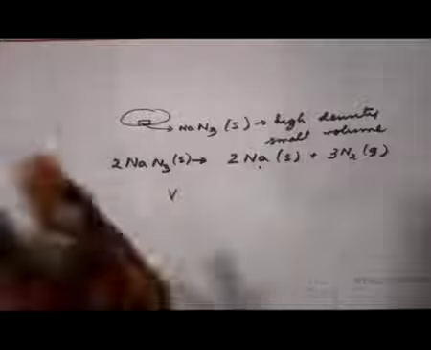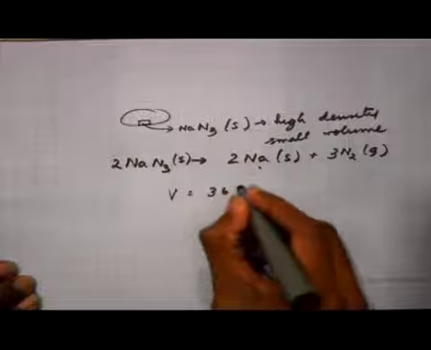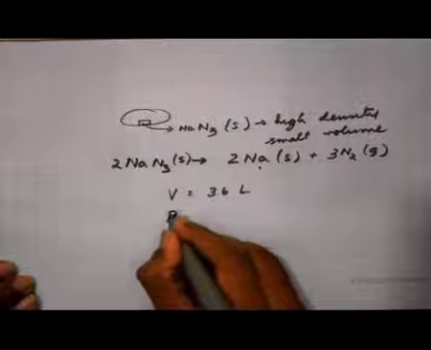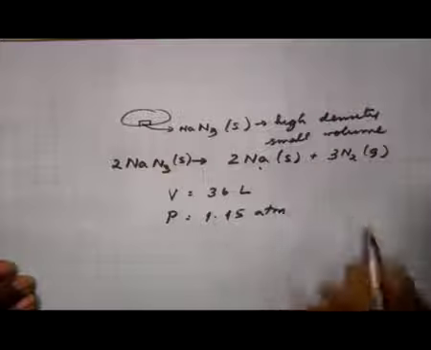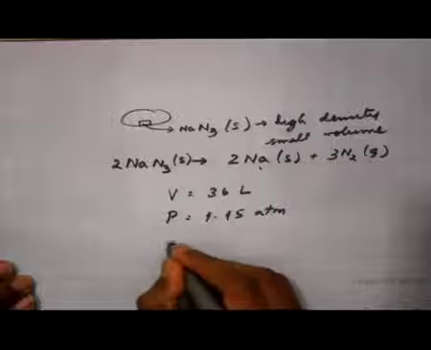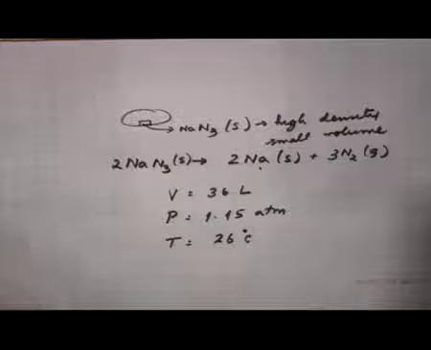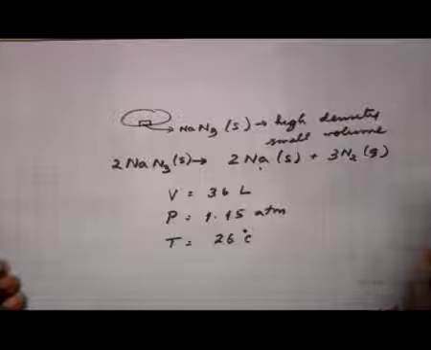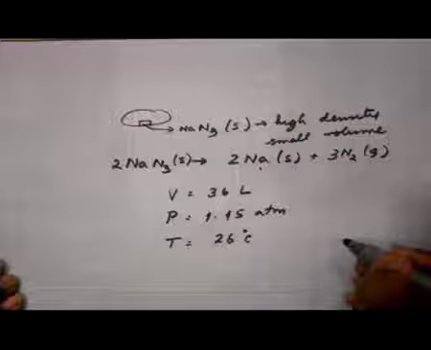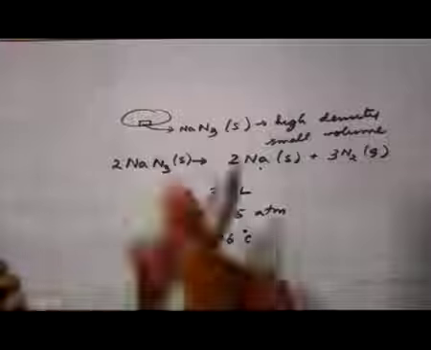So, the volume of the container, that is the bag, is 36 liters, and we want the pressure to be 1.15 atmospheres, and the temperature is 26 degrees Celsius. So, imagine that you are the chemist that the automobile company has contacted, and they give you these parameters. How much sodium azide will you put is the question.